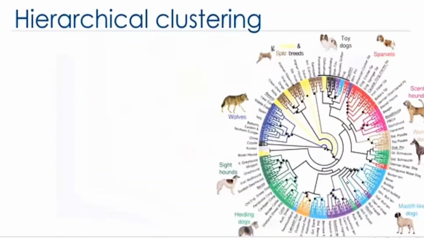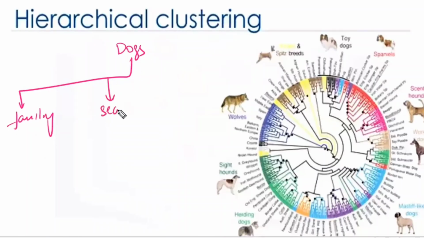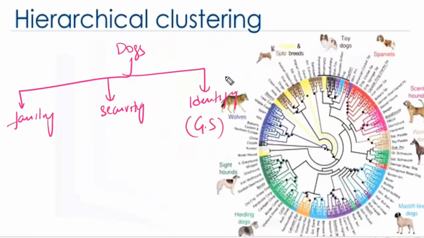Similarly, in animals also, there are dogs. All the dogs are not the same, right? Among dogs, there are different kinds. One is family dogs; some of them are very friendly for families. Some are for security purposes. Some are for identifying purposes, like police dogs, such as the German Shepherd, which smells and identifies thieves.